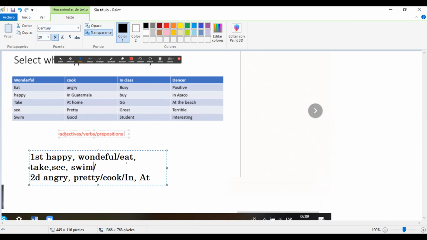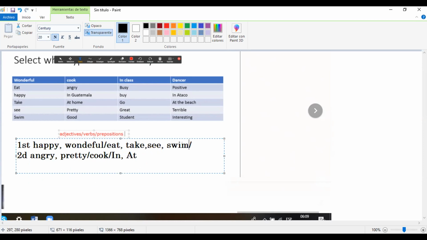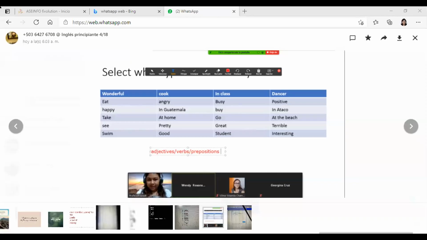In this column, I don't have a preposition. In Guatemala is in the second column. At the beach. Now, in class, student, students, go, busy.